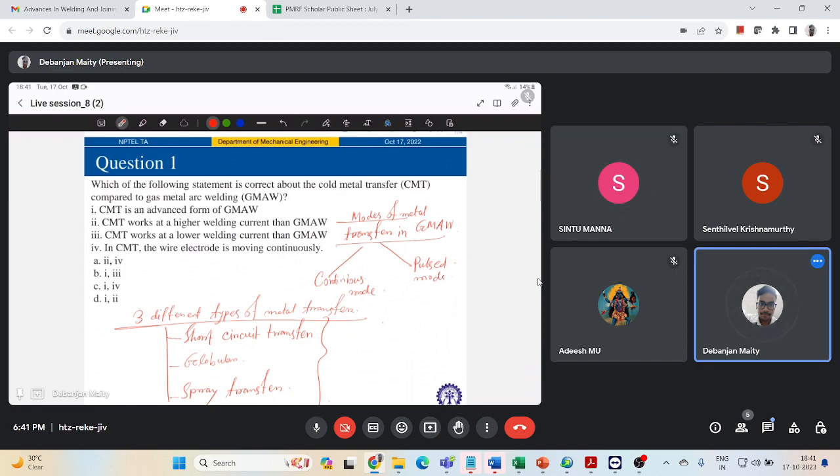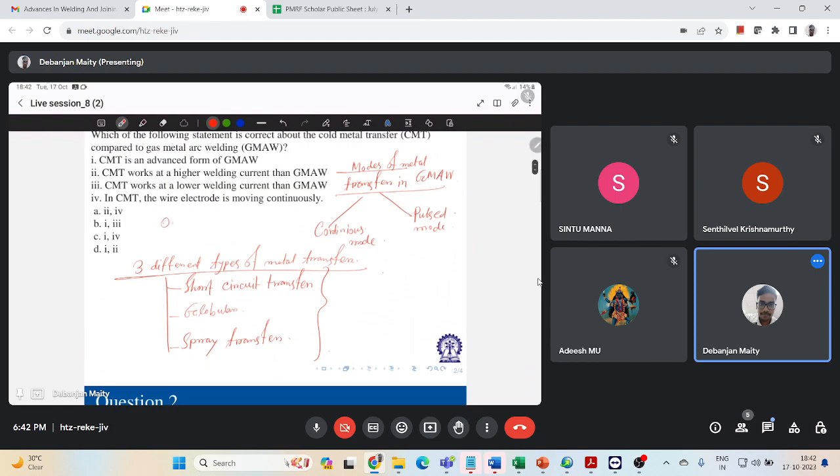CMT is an advanced form of... yes. CMT works at a higher welding current? No. CMT works at a lower welding current. Yes. And option B is correct. You're correct. So here option B is correct.